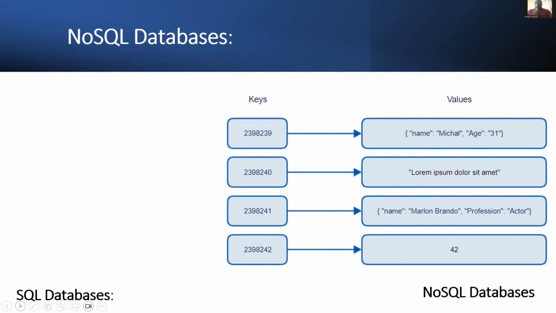The keys relate to specific unique keys if you want to access a particular range of information, and the values could be an assemblage of different types of data. For example, on the first row there, we have the name of the person, the age of the person, maybe the sex of the person, and different information about the person.